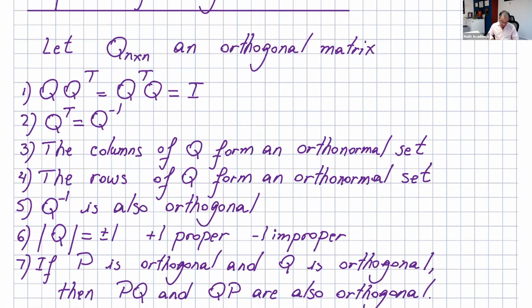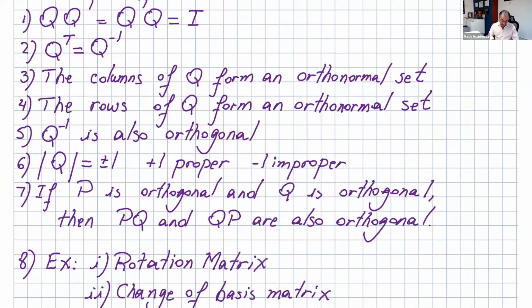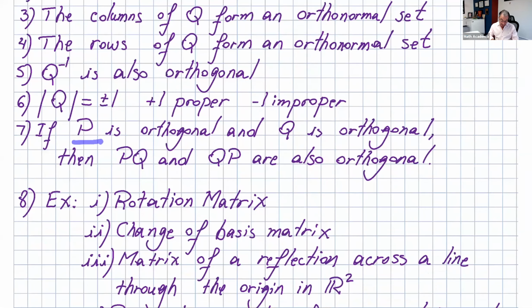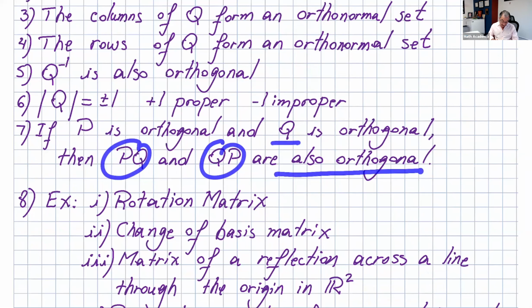If you find the determinant of Q, where Q is an orthogonal matrix, the determinant is going to be plus or minus 1. If it's plus 1, then you say that's proper, and I'll probably explain that later. If it's -1, then it's improper. If P is orthogonal and Q is orthogonal, then their product will also be orthogonal.